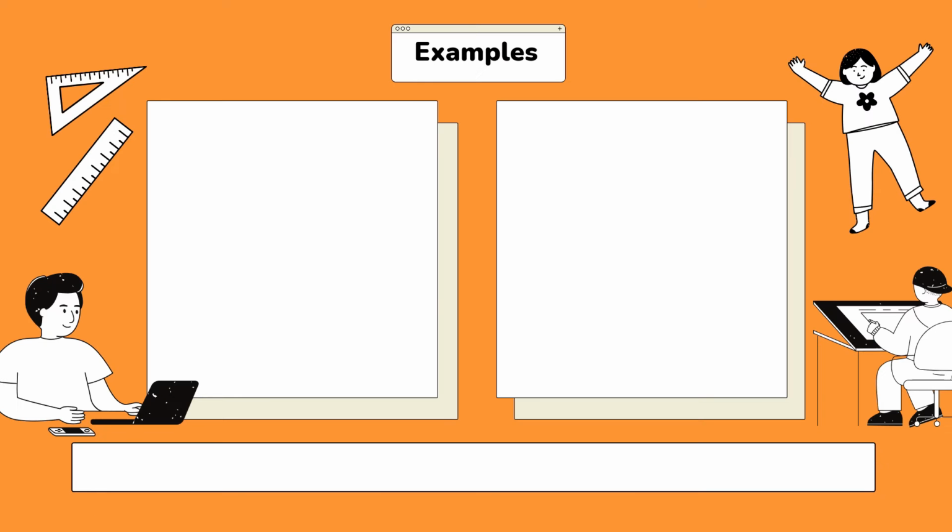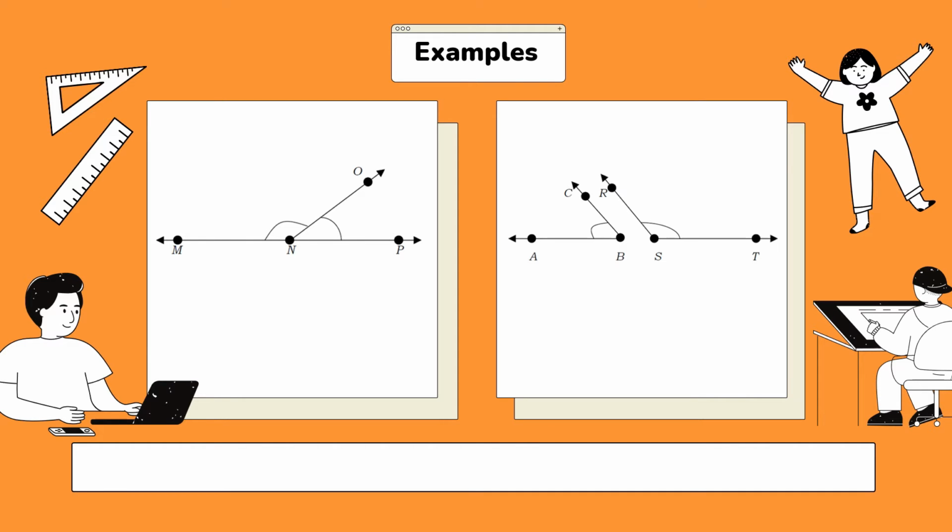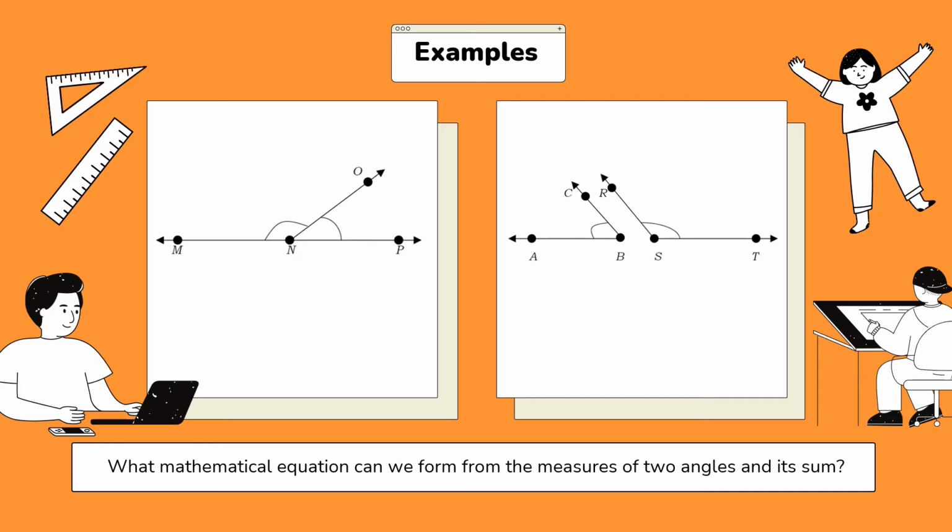Next. Now for the third and fourth examples, same question: what mathematical equation can be formed from the measure of two angles and its sum? Earlier, for the third example, the measure of angle MNO is equal to 135 degrees, and angle ONP we got 45 degrees.